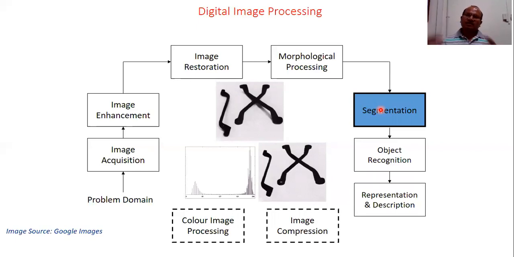We have to select a certain region of interest where there is some possibility of having a cancerous element. Then we will segment the suspected region where we believe, on the basis of a computing algorithm, that this is the area which is affected by the cancer. So that is a process called segmentation.